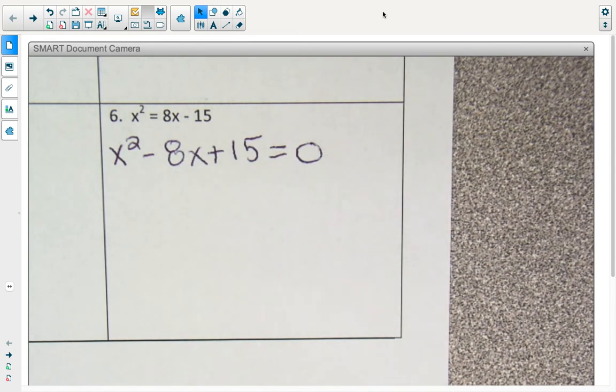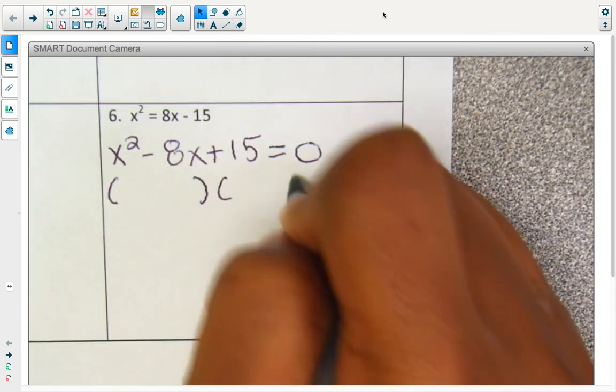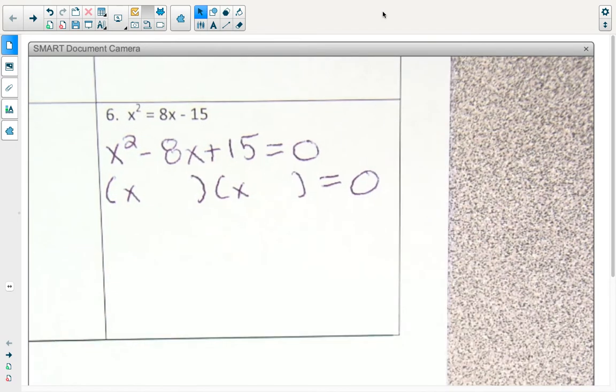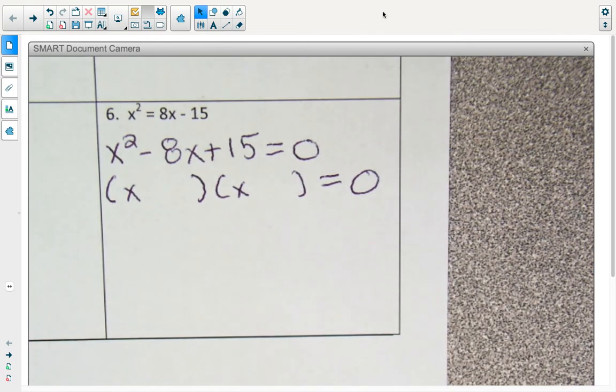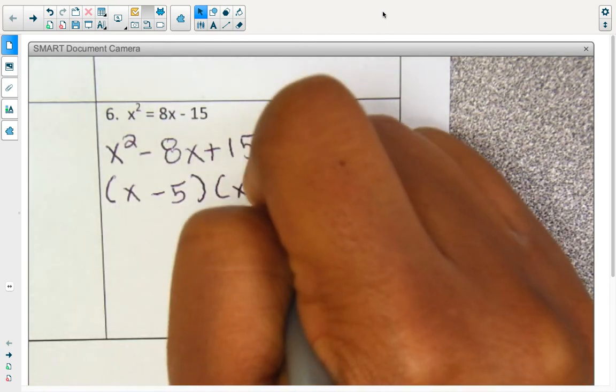Now we'll go through and solve this by factoring. We'll set up our 2 sets of parentheses and fill in our x's. We are thinking of 2 numbers that multiply to give me 15, add to give me negative 8. Those numbers are negative 5 and negative 3.